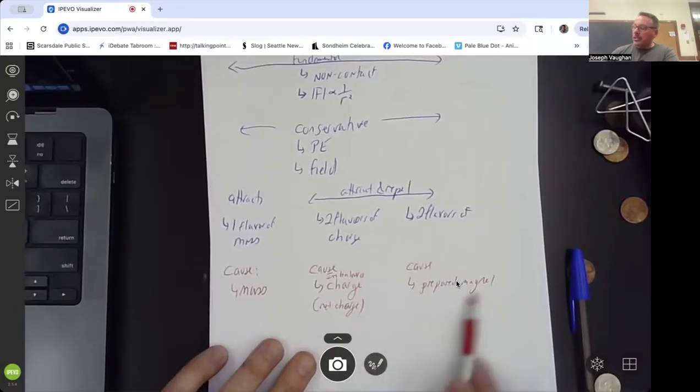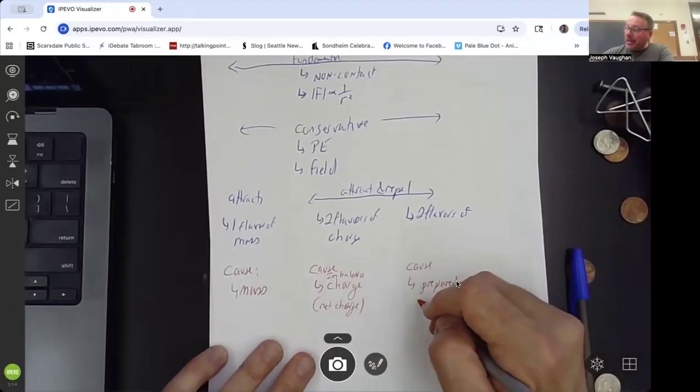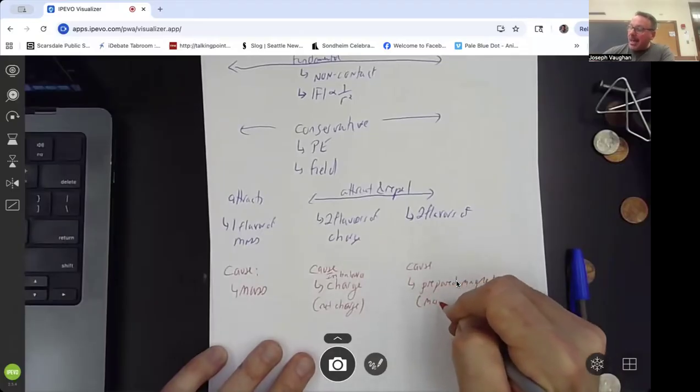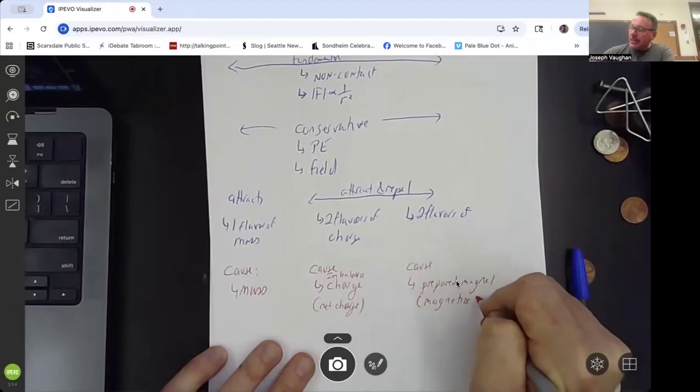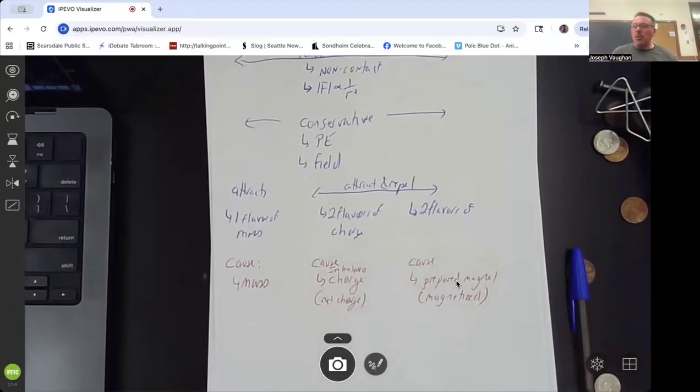So the cause here is we need a prepared magnet. We need something that is magnetized, seemingly. That's what we've seen so far, whatever that means. So we have different words for what it means to be prepared for electrostatic charge and to be prepared in magnetism, which is magnetized. Okay.